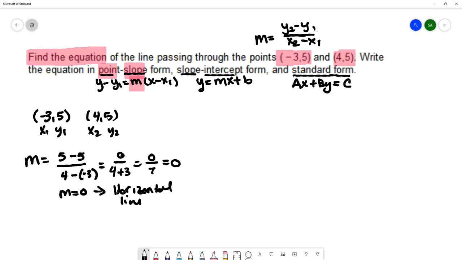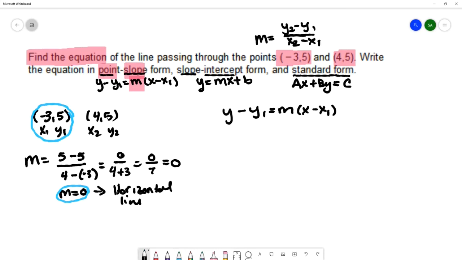So now that we know we have the slope, I'm going to use point-slope form, y minus y1 equals m times x minus x1. And I'll use the slope that we just calculated. And it doesn't matter which one of these points you use. I'm going to use this one right here, (-3, 5). You can use either of those points though.